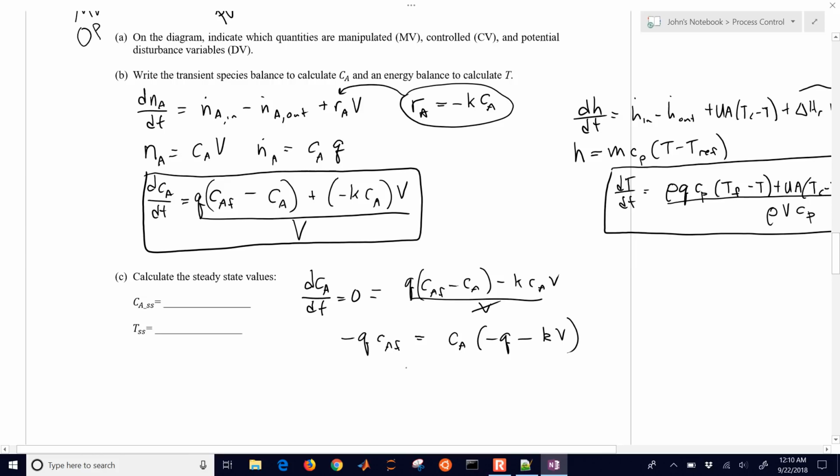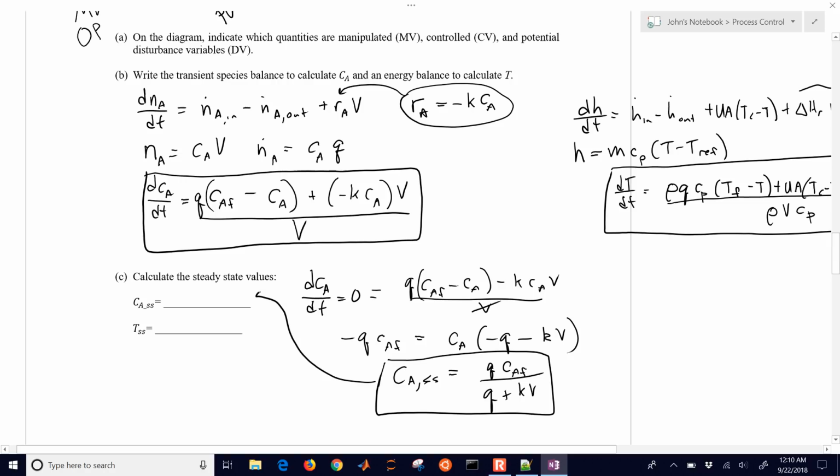Okay, so Ca, and this is going to be my steady state value, is going to be equal to Q Ca feed divided by Q plus KV. If I give you a numeric answer, that could work out to be just a number in the end. Okay, I have my steady state value for CA.